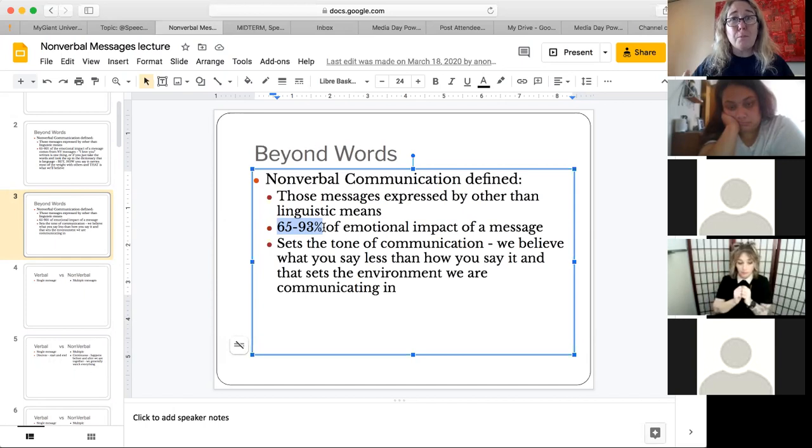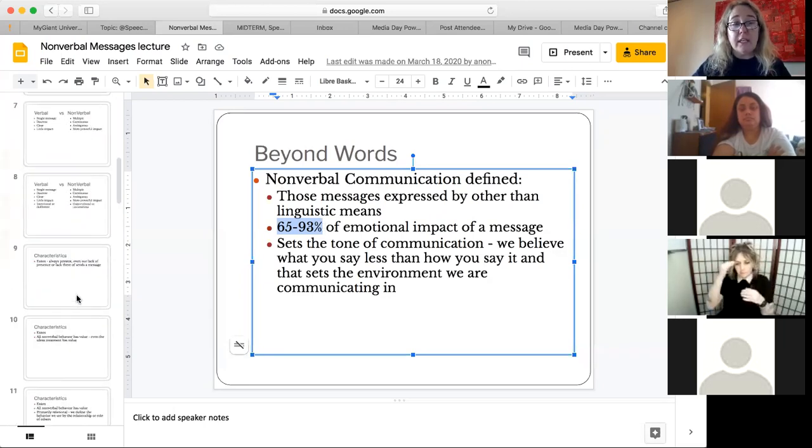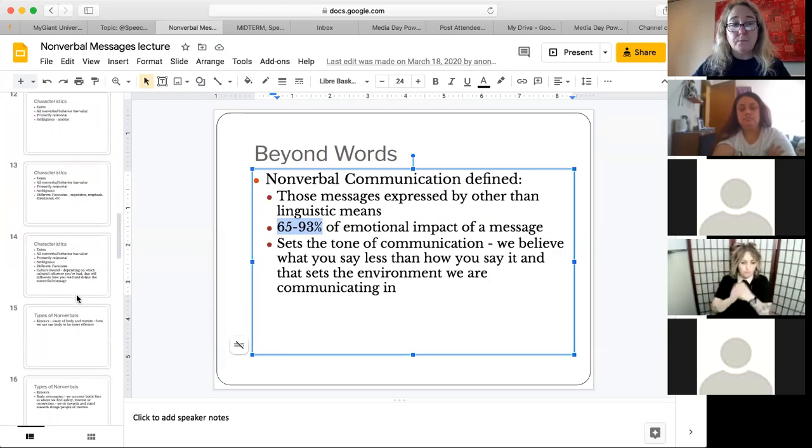It'll ask you what's the percentage, and a really low percentage is an option, and then this really high percentage is an option. If you look at that number of 65 to 93%, that means that some people only give 7% value to our words. That means it's not even worth us speaking. They're totally looking at our nonverbals to give weight to what we're talking about. So those are things to just be aware of as you're studying and thinking about nonverbal communication.